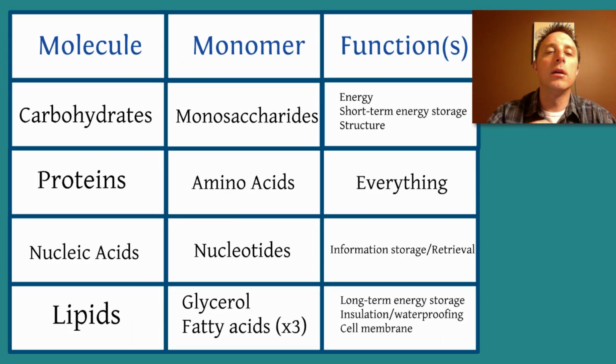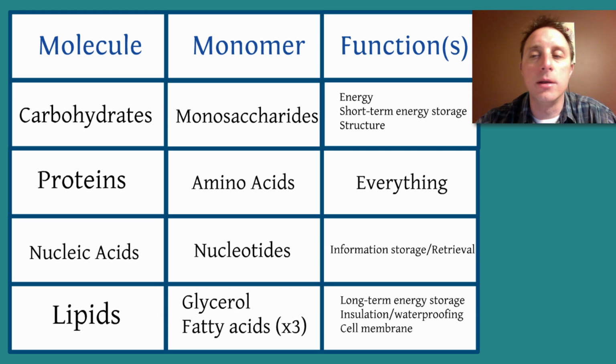So the four classes of biological molecules that we talked about, I would definitely go over or definitely know what the monomers are for each of these and the major functions. Okay, I would not worry about learning details or learning specific names of any of these molecules, but if you know what is contained on this chart, that should be enough to get you through.